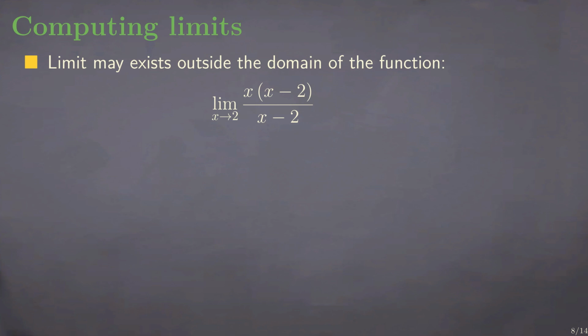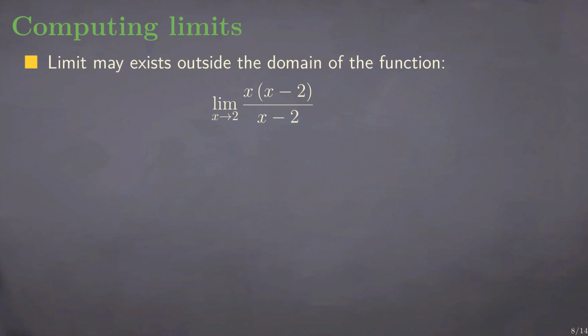Well, you see that 2 minus 2 is equal to 0, so the value 2 actually does not belong to the domain of this rational function. However, remember that when we take a limit, we do not actually let x be 2. So x minus 2 is not 0 at all.